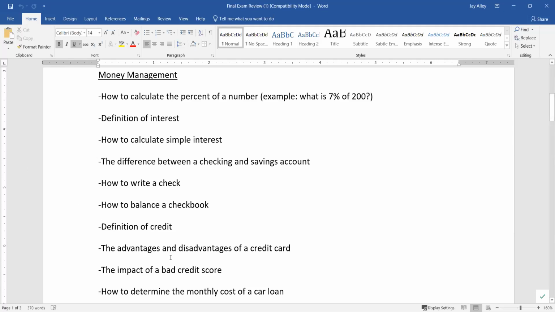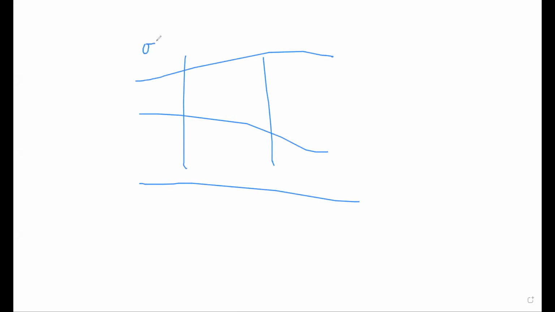I'm going to actually do something that I do in a lot of my algebra classes when we're talking about percentages and decimals. Can't draw a straight line. So percentage, fraction, and decimals are all related. So this will be the decimal column.